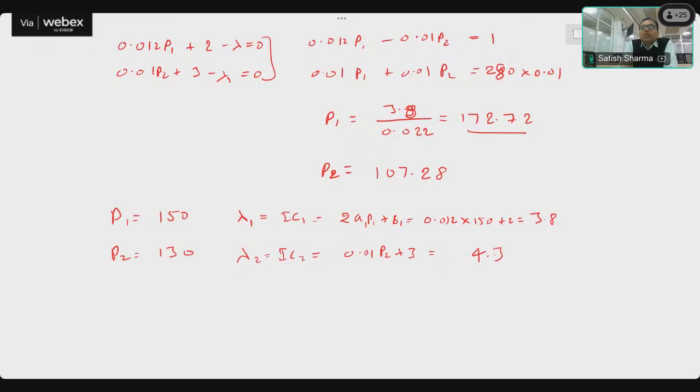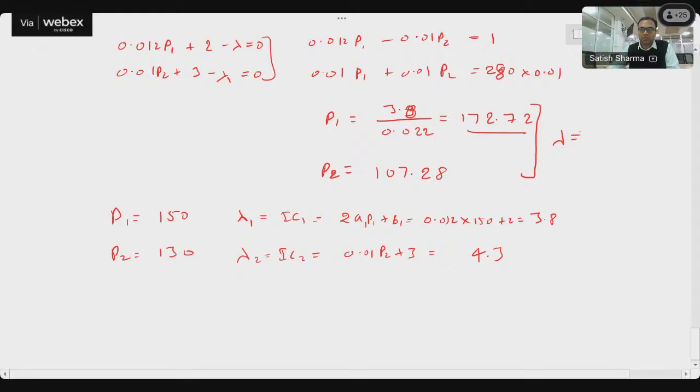If we talk about the unconstrained case, when we are not imposing any generation limit, with this particular solution we can calculate a lambda, and that lambda is how much? It is, I think, 0.012 into 172.72, plus 2.